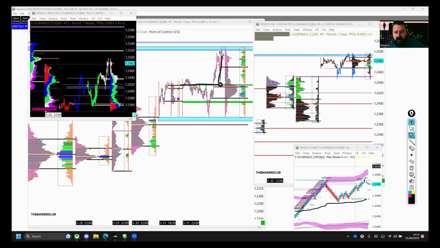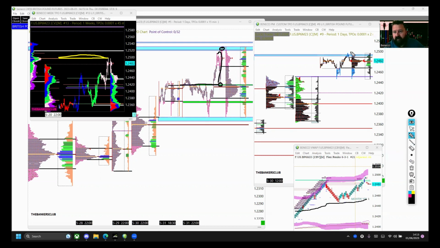So I got long from there, and I thought this would probably get taken out, and I'd go for my target into here, which would be trading into the point of control, which has just been taken out, and also this level here.